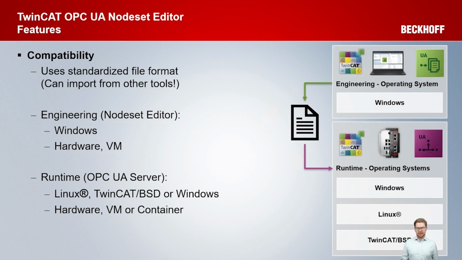And the engineering being restricted to Windows and either on hardware or in a virtual machine. While this is the engineering, the runtime can run on Linux, TwinCAT BSD, or Windows, either directly on hardware, in a virtual machine, or in a container. So you're really not limited with the use case. And this is everything about the features of the OPC UA Nodeset editor, and now we go to the demonstration.